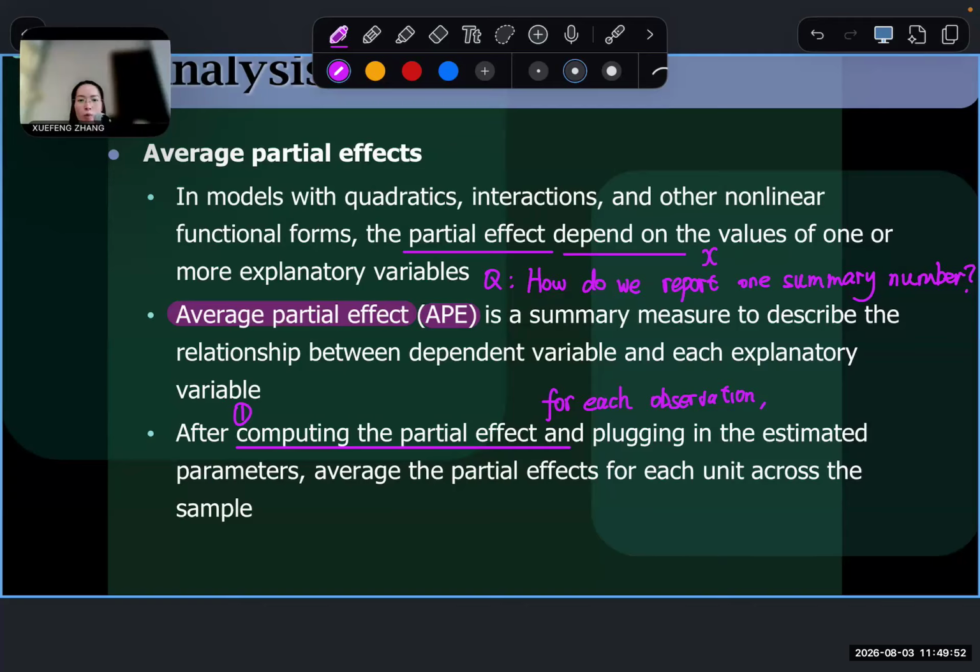All right, then we average across everyone. Two steps, all right? So first we compute the partial effect and then we average.